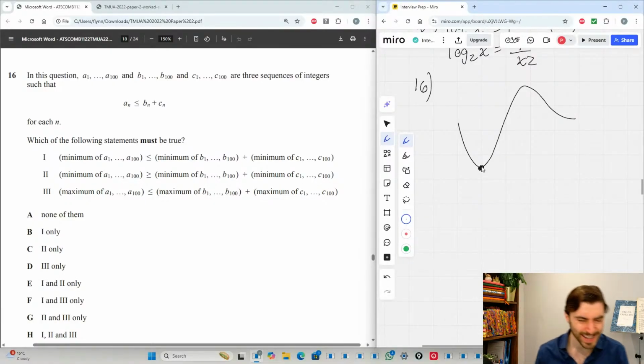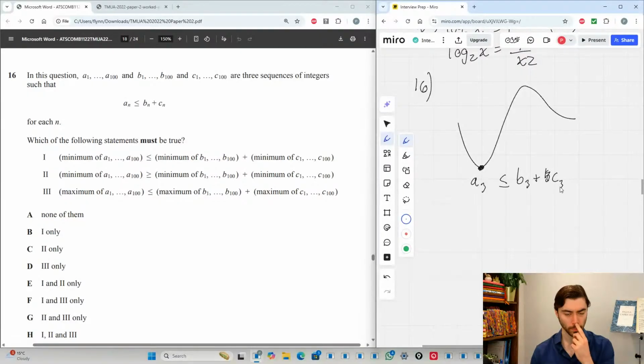Okay, let me get into this. So at this minimum point, let's say that was A3. We know A3 is less than B3 plus C3. Okay, let's try and find counterexamples, that's what I'm going to try and knock these down.